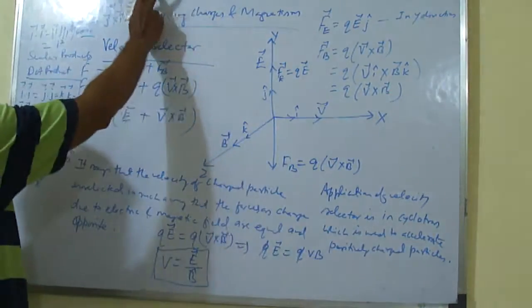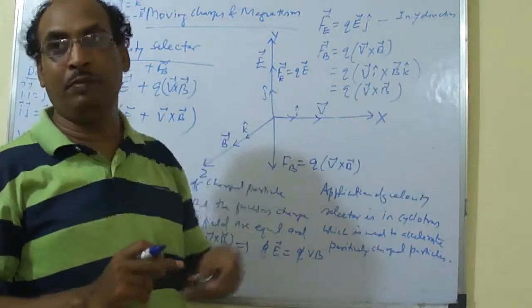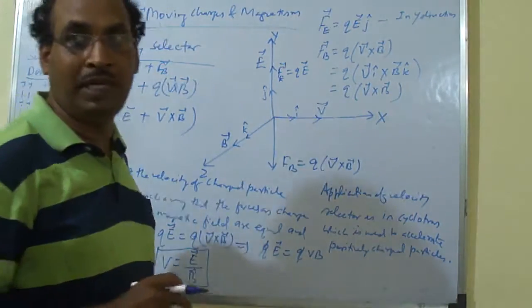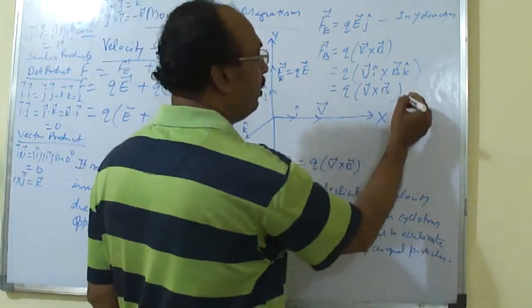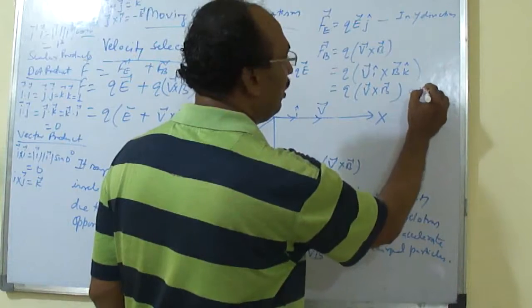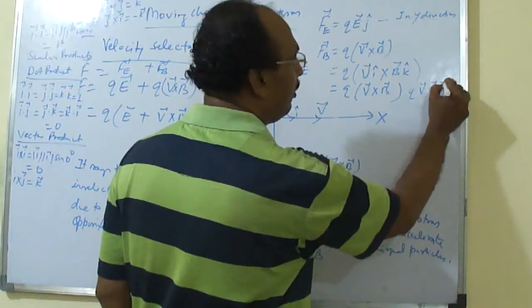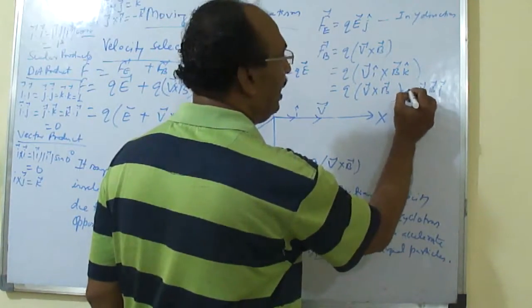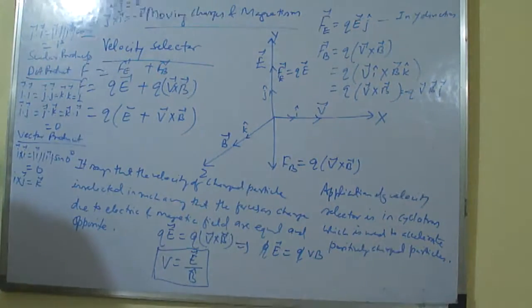So that part is coming into role here. K into I should become J, whereas here I into K is there, so it will become minus J. So it is giving you minus Q V B J, is equal to minus of Q V B J vector.